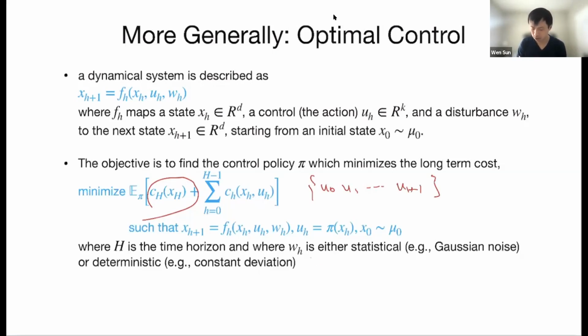As I mentioned, this disturbance could be Gaussian noise, or it could be deterministic. In a lot of robotics applications, if you use a robot manipulator many times, it often has this constant deviation. Like if you command this arm to move to XYZ position, it often moves to XYZ plus delta position.